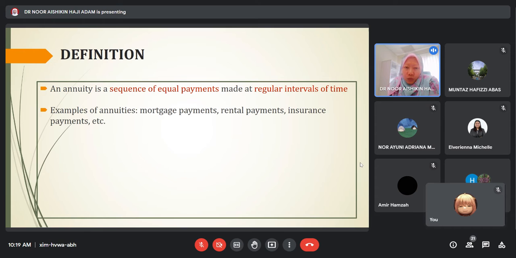So some examples of annuities, mortgage payments. When your parents buy the house, you tak layak lagi lah kot, you belum ada income.